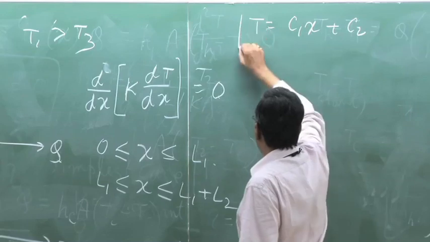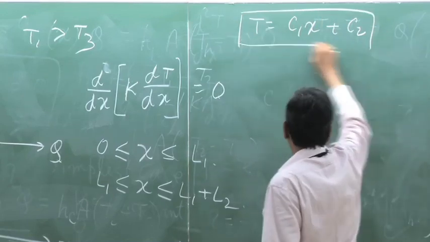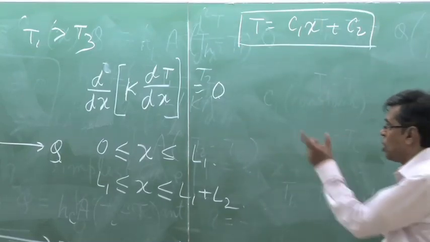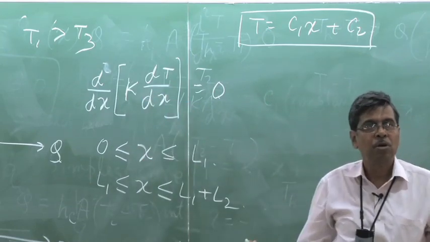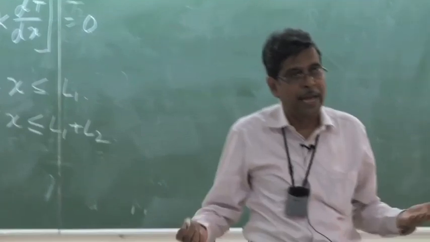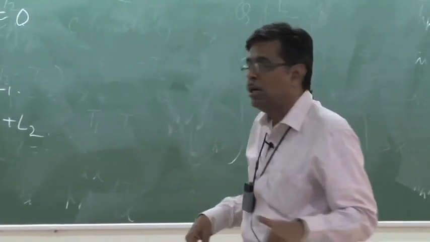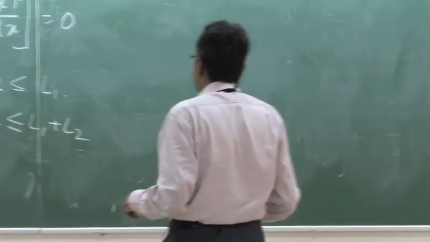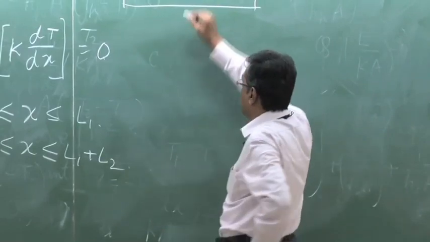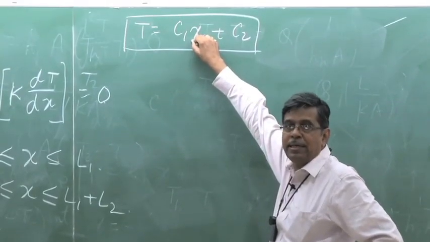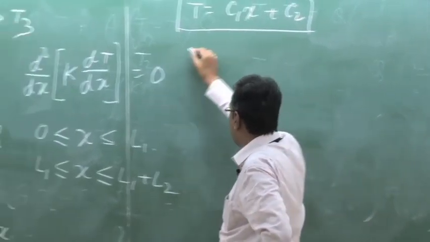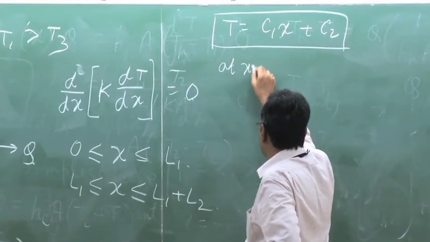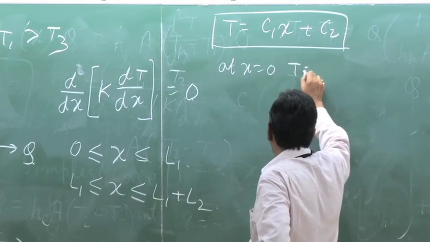This is the general solution for constant thermal conductivity. In the first domain, thermal conductivity is constant, equal to Ka. Similarly, from L1 to L1 plus L2, it is Kb, constant. So T is a linear function of x, C1x plus C2. Now for the first one, at x equal to 0, T is equal to T1.